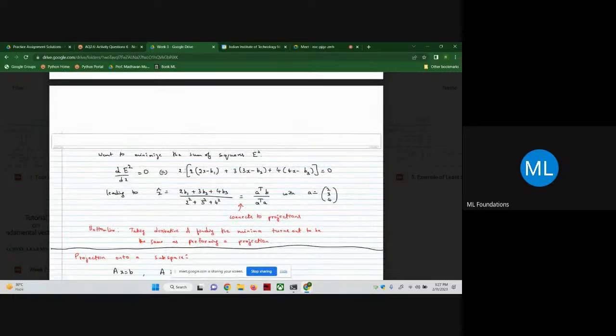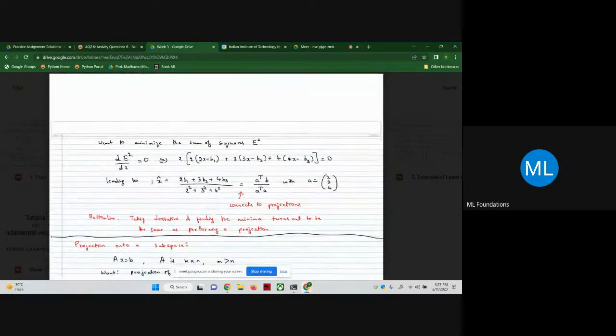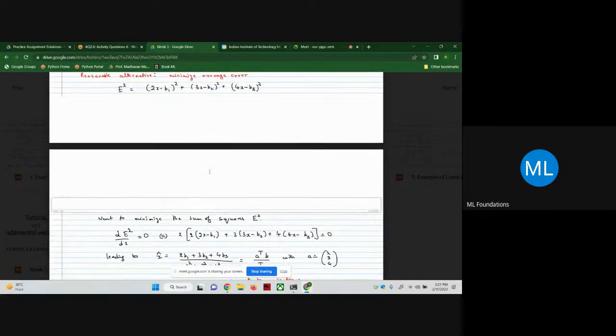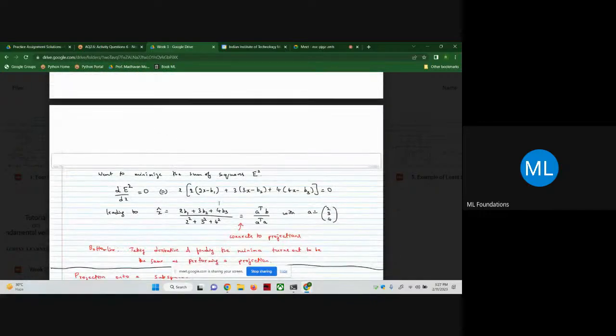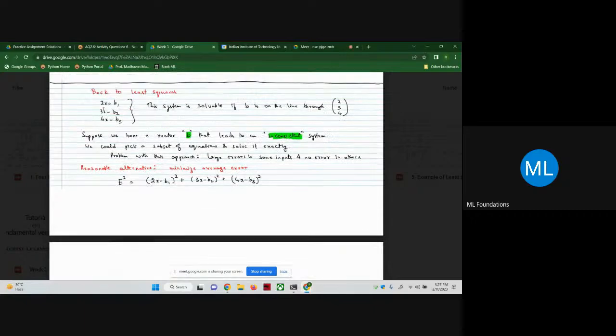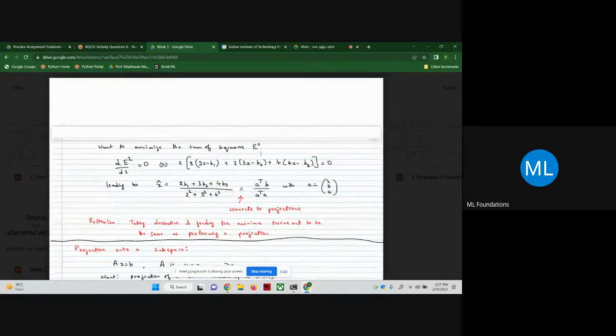Then what you get is x cap equals A transpose B by A transpose A. If you simplify this, we get 2b1 plus 3b2 plus 4b3, which is nothing but A transpose multiplied by B. And 2 square plus 3 square plus 4 square is nothing but A transpose A, or the length of A squared.